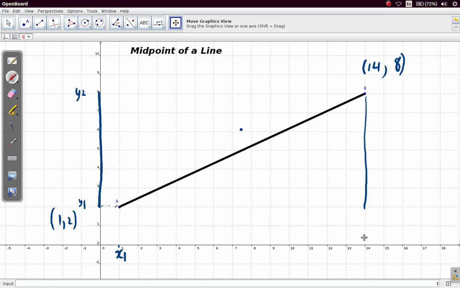So it corresponds with 14, which is our x2. So therefore, the point right here is x1, y1. So this is our x1, and this is our y1. All right.